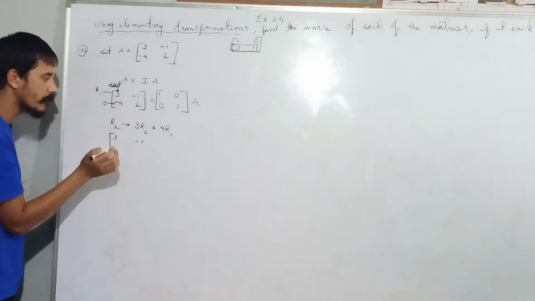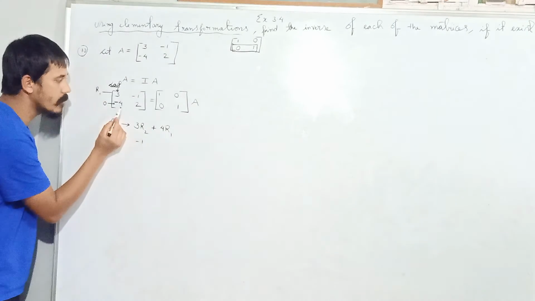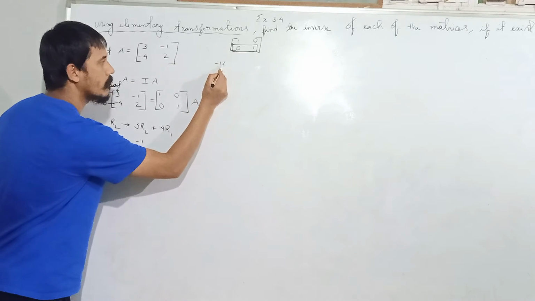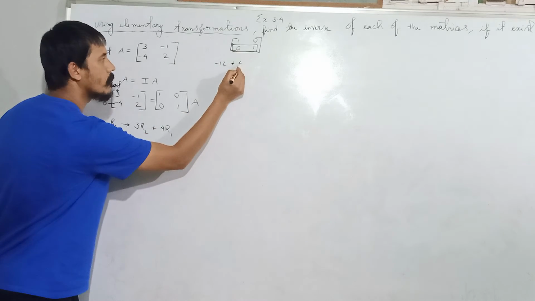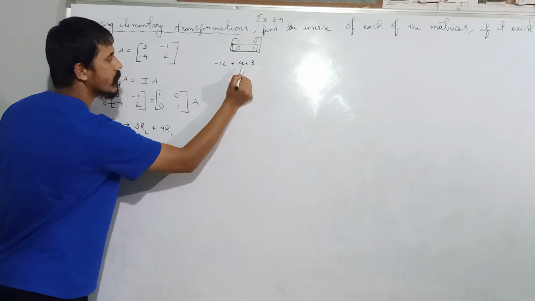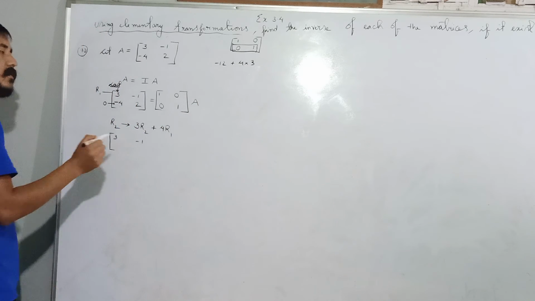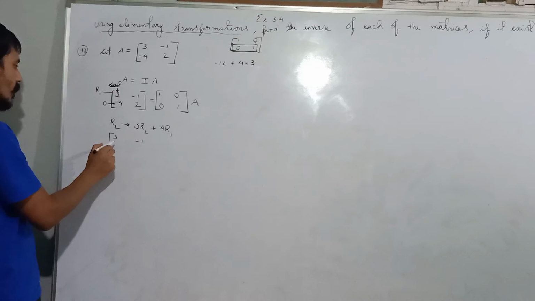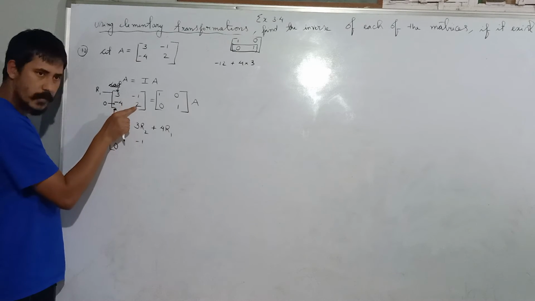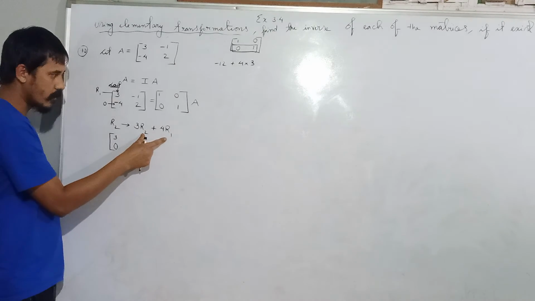So this will now become 3 into -4 is -12, plus 4 into the corresponding element in R1, which is 3. So -12 plus 4 times 3 is 12, and -12 plus 12 is 0.